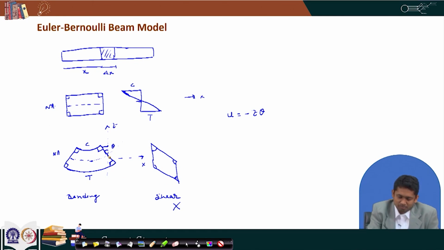Why minus? Because as we move up u is negative, as we go down, when z is negative, u is positive. Now, the question is what is this theta?